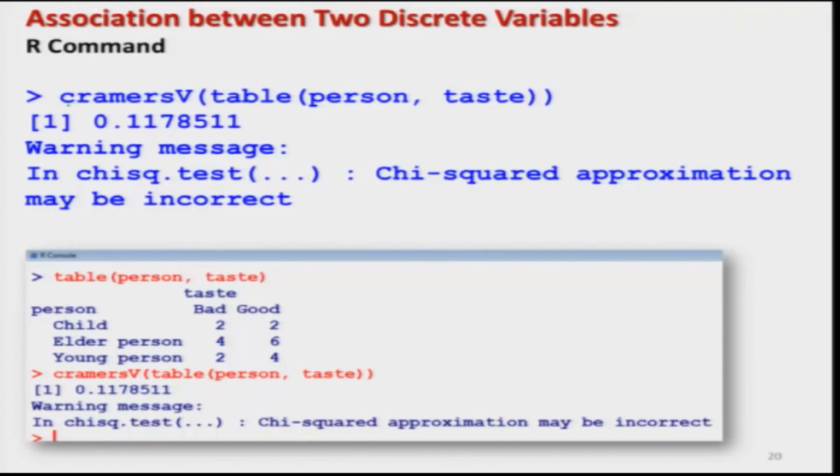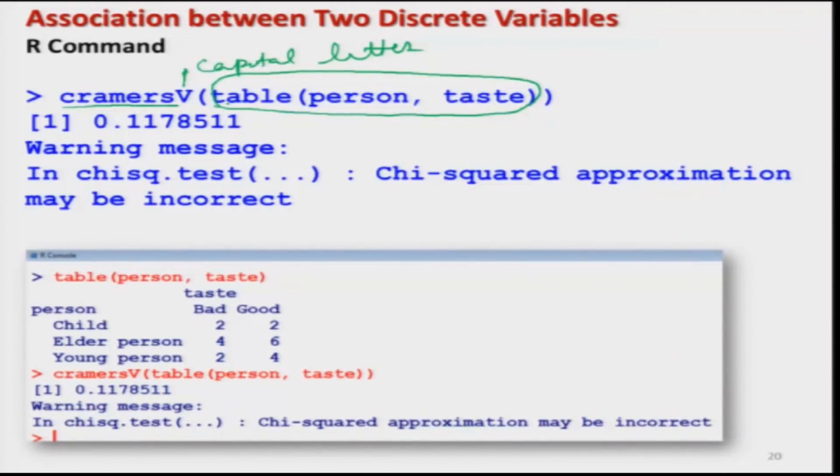You can see here the command is cramersV, with C, R, A, M, E, R, S and V in capital letters, that you have to remember. And then I have to give the contingency table for which I would like to compute the value of Cramer's V statistic. And once I do it, this gives me the value 0.11. And once again you will see the warning message.